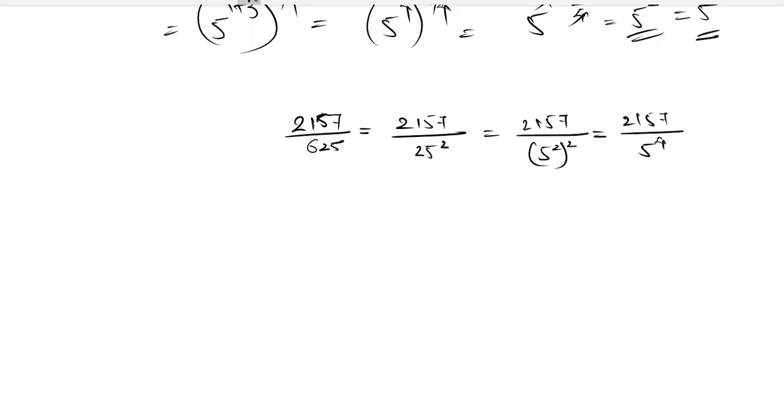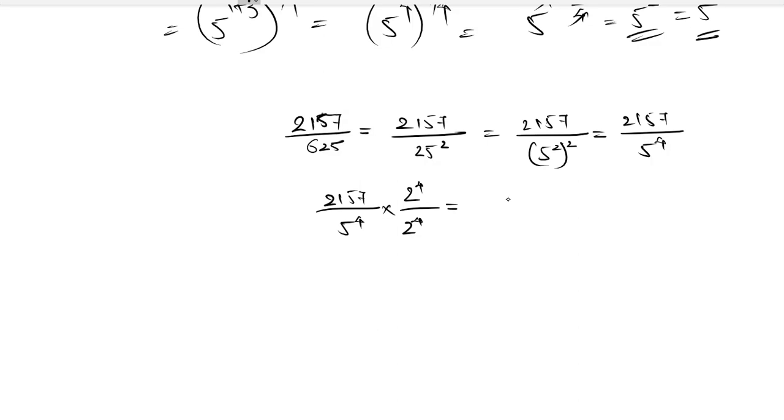Now the easiest way to convert this into decimal form is to multiply it with 2 raised to 4 upon 2 raised to 4. Yes, that is the easiest way.